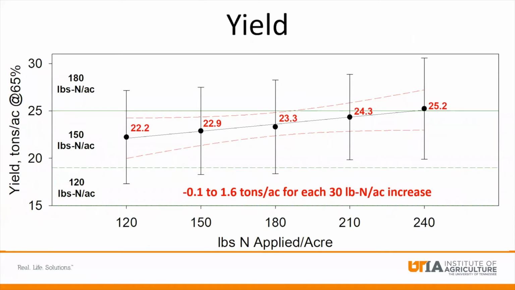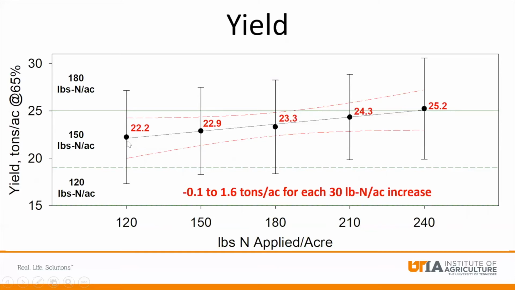Rather than present to you the yield for each year, for each station, I have created a global average of all of the results that we've obtained in terms of yield. The yield is quantified on this axis here in tons of silage per acre at 65% moisture.